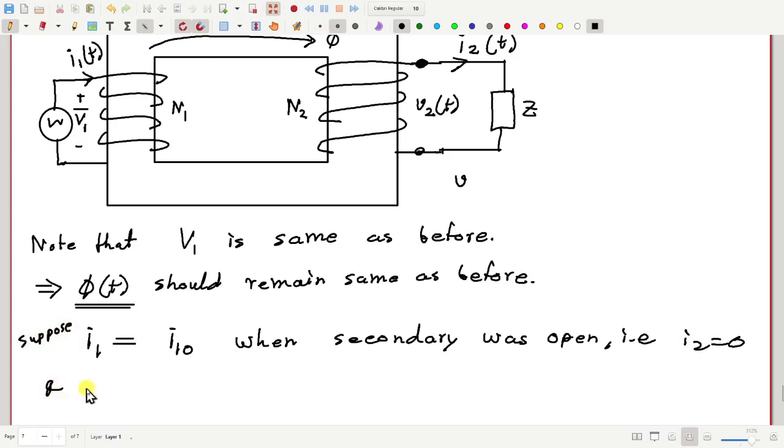And suppose I1 is equal to I1 naught plus something, say I1', when the secondary is closed, that is, I2 is not equal to 0. So the new primary current is the previous primary current plus something extra. That's what we are saying.